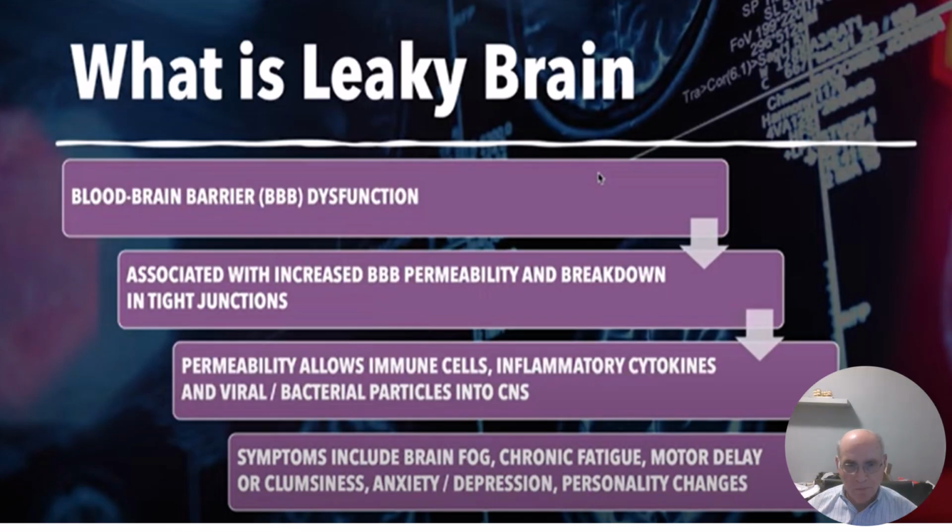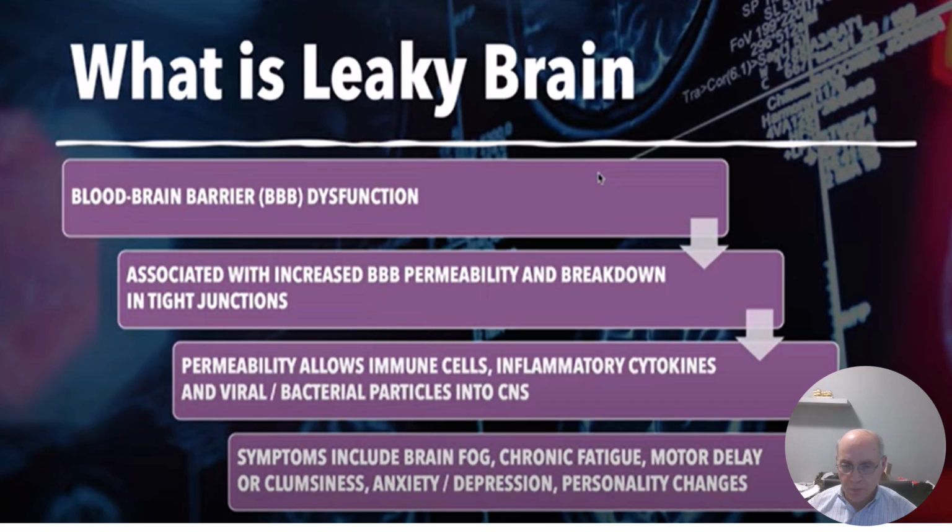So you have blood-brain barrier dysfunction that's associated with an increased permeability, and the same concept as in the gut, in the brain. The permeability allows immune cells, inflammatory cytokines, and viral and bacterial particles to enter into the central nervous system.